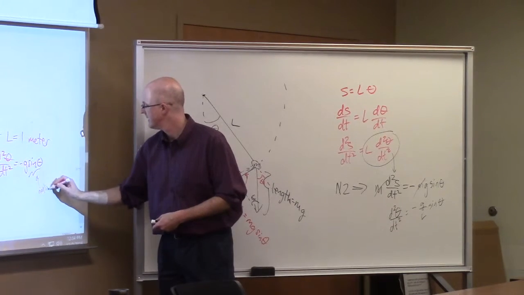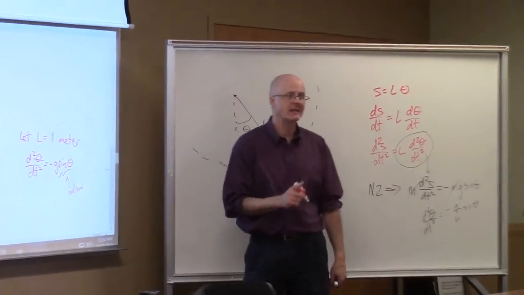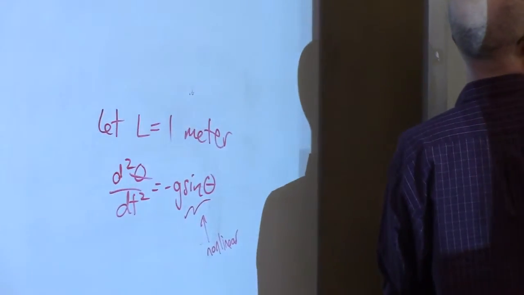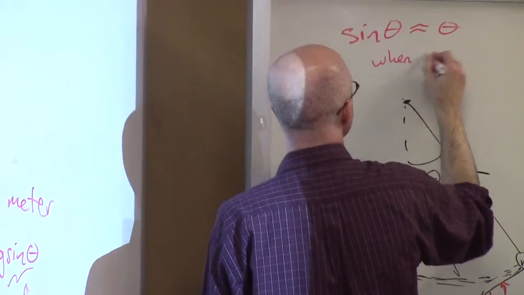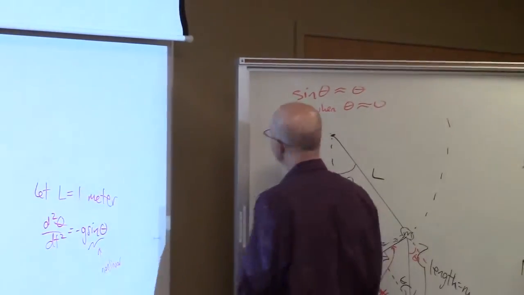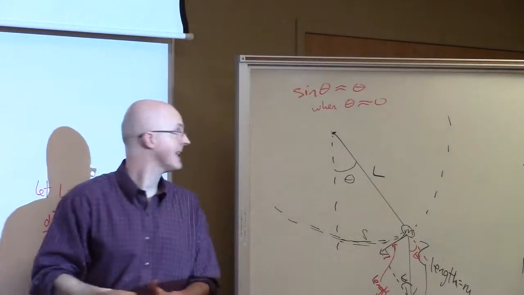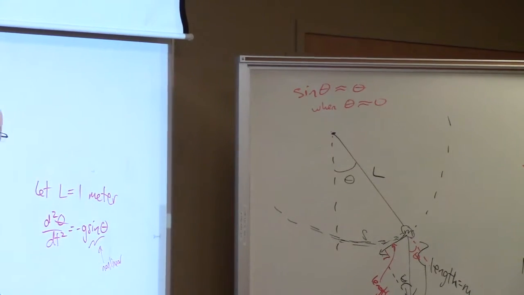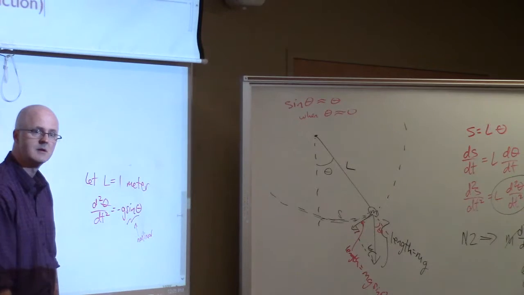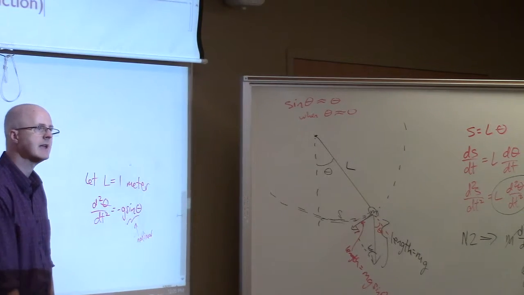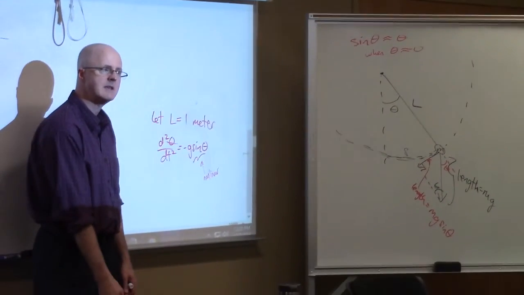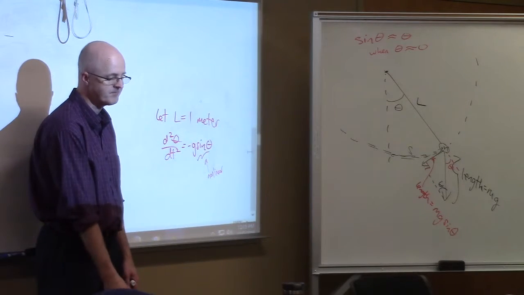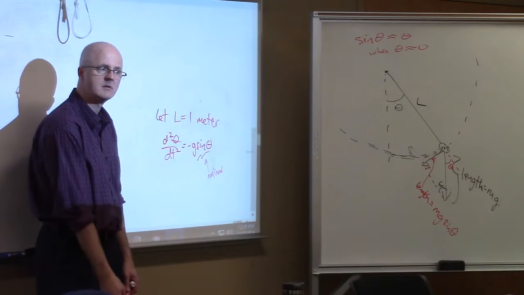Although, by linear approximations, sine of theta is approximately theta when theta is small. Because of that, this does act like a harmonic oscillator when the oscillation is small. You can use sines and cosines pretty accurately to model the back and forth motion of a bob on a pendulum when the angle is small.